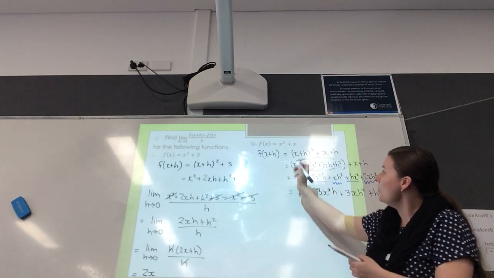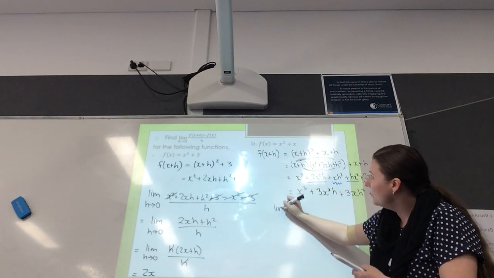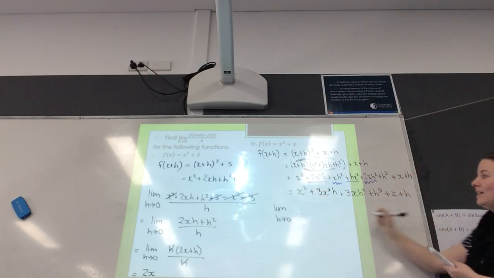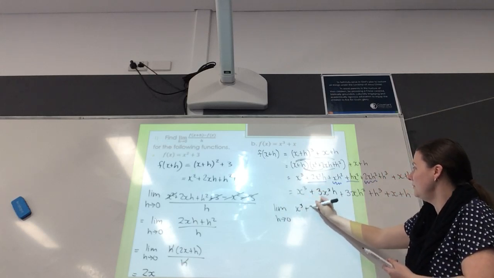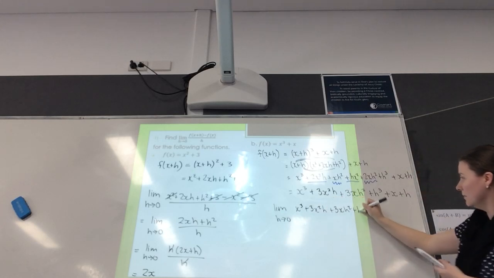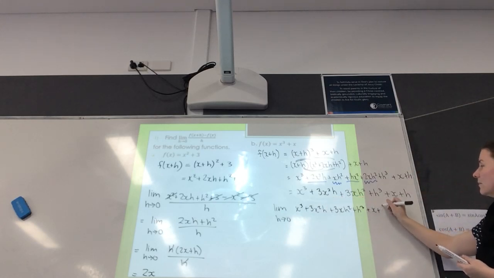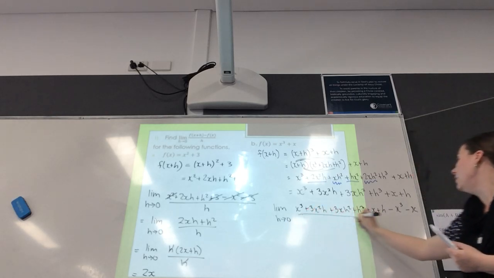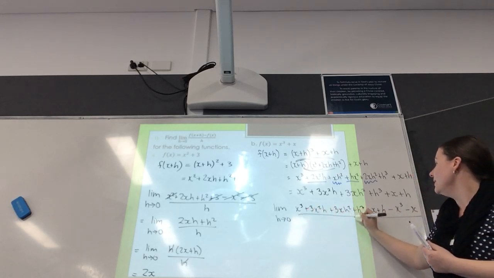So now I'm going to find my limit as h approaches 0 of this, minus f of x. So that's minus x cubed minus x, all over h. It looks so bad, doesn't it?